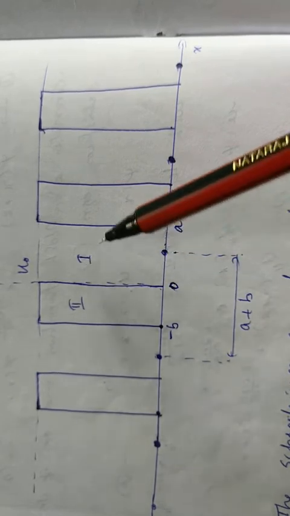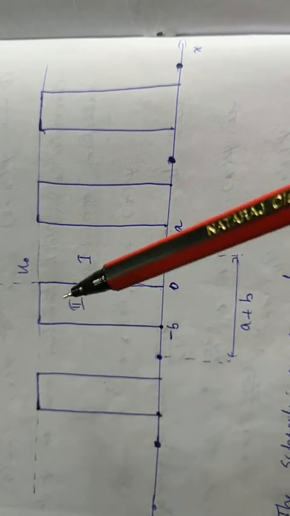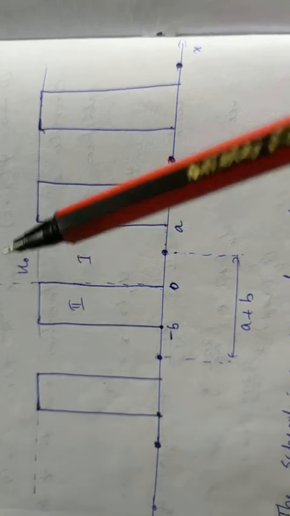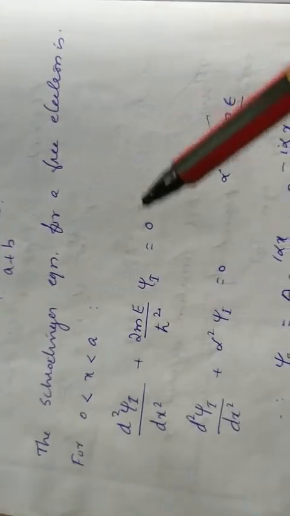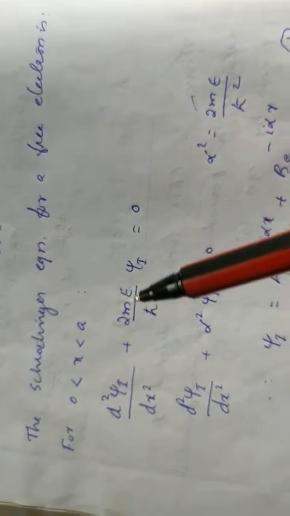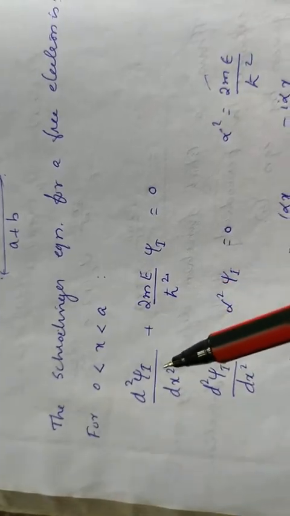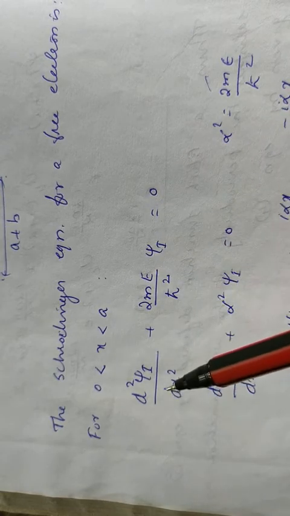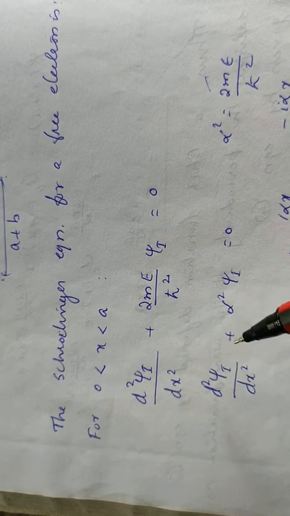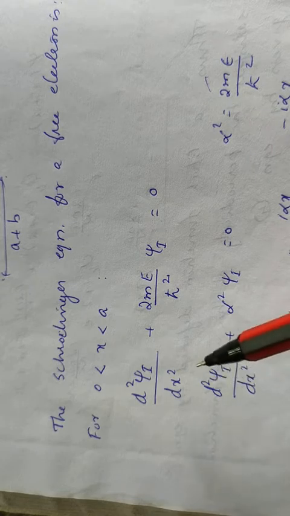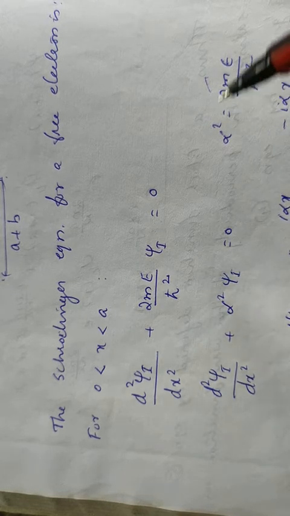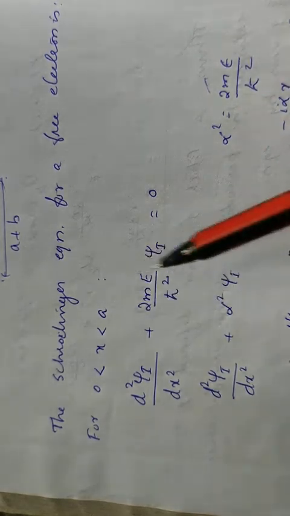This is a region of 0 potential, and this is a region of a positive potential of value U0. That is the difference between region 1 and 2. So for region 1, the Schrodinger equation can be written like this: d square psi 1 by dx square plus alpha square psi 1 equals 0, where alpha square is 2mE by h cut square.